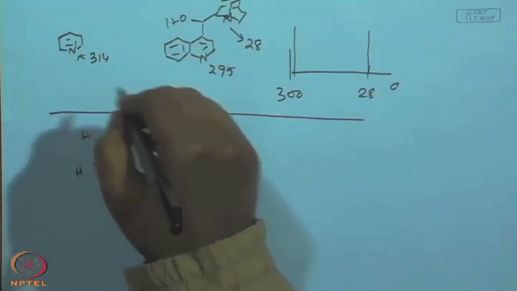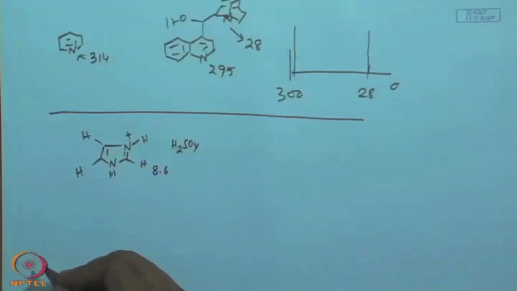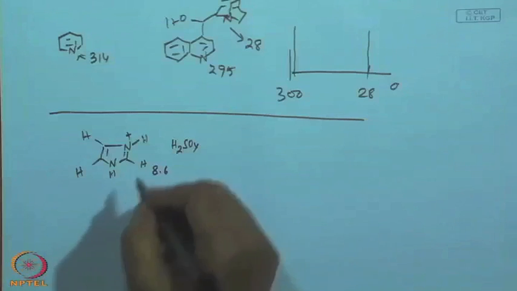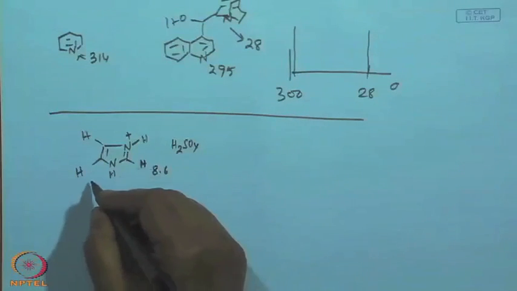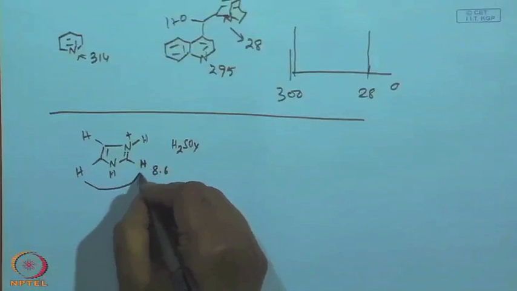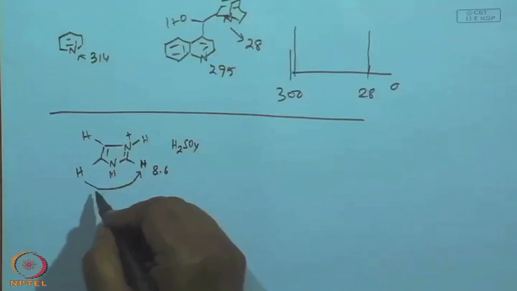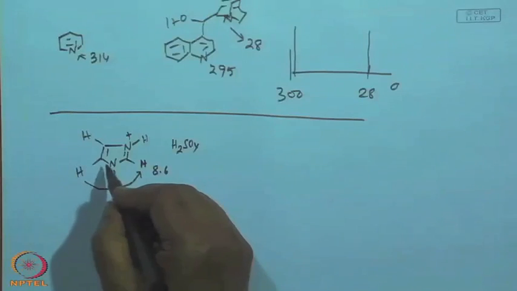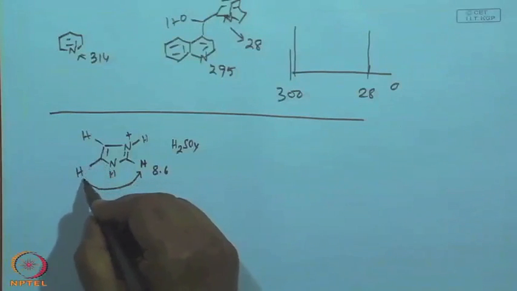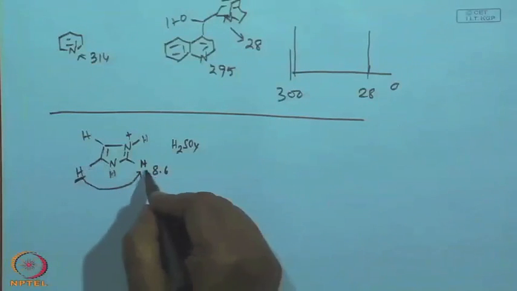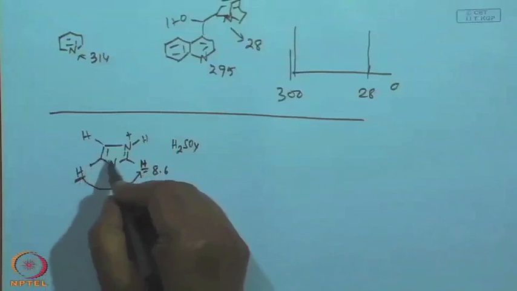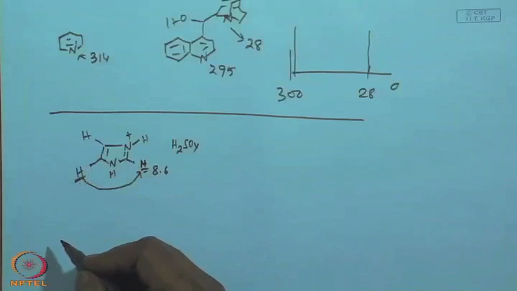I will not give you the values here, but what is important is that, very interestingly, this hydrogen and this hydrogen are coupled in the NMR. The number of intervening bonds between the indicated hydrogens is 1, 2, 3, 4. Normally, 4-bond couplings are very, very small.